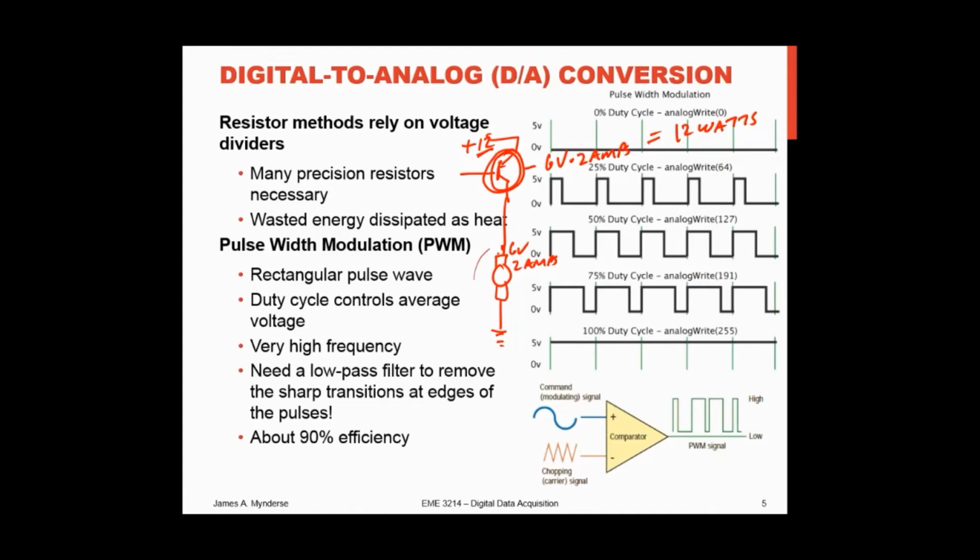And I have 12 watts across my motor as well. But this 12 watts I have across this controlling device, this analog control, it's wasted energy, and it's also just a ton of heat, right? To have that thing dissipating 12 watts, you need a pretty hefty-duty transistor to do that.